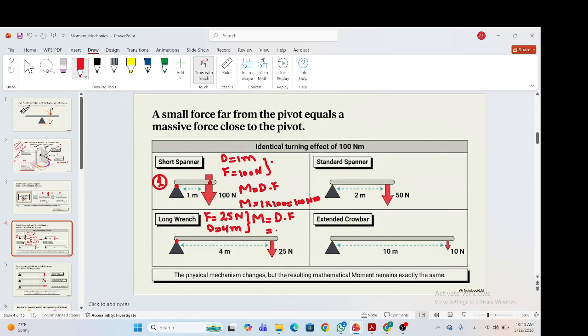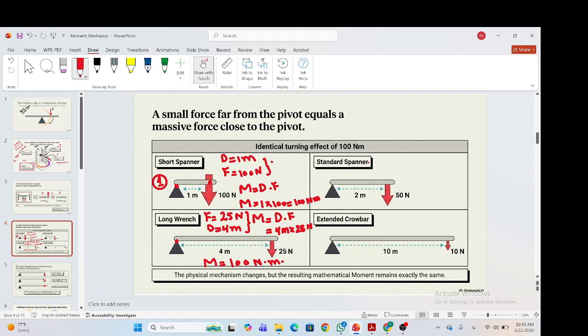Let's apply the values. We have 4 meters distance, times force, 25 newtons. So what will be the result? Moment will be equal to 25 times 4, which is 100 newton meter. So this is the moment of the second question.